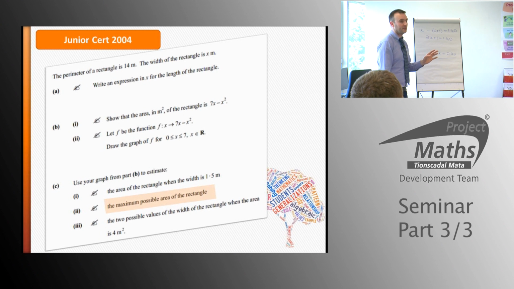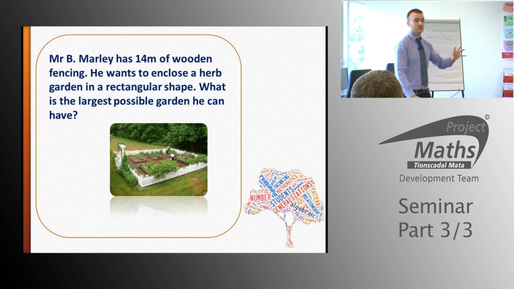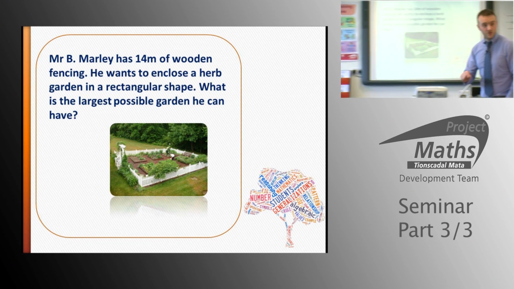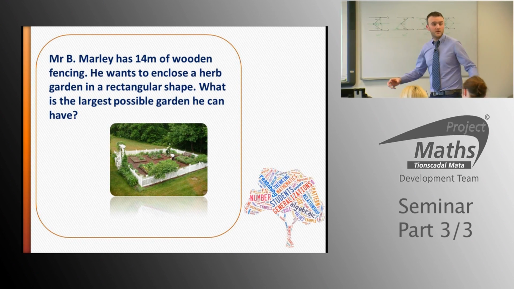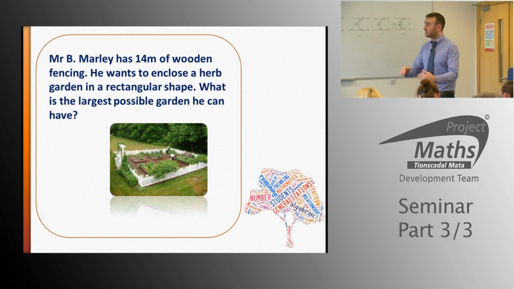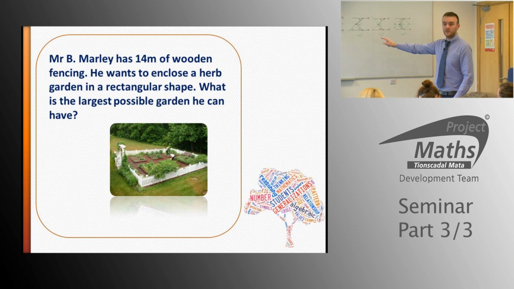But there's no scaffolding. Now, what I want you to do is, how could you go into class with that at Junior Cert first and get the most out of it? If that's the starting point from the student's perspective, how can you go in and get the most out? Where would you want them to start and where would you want them to go to?